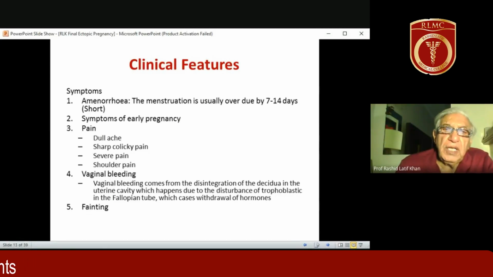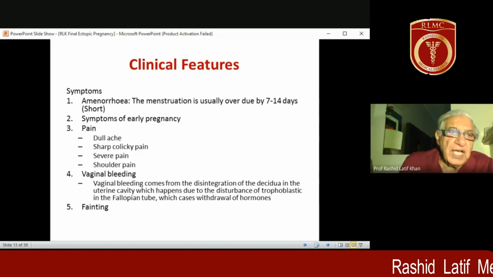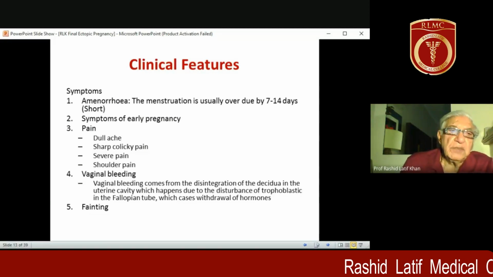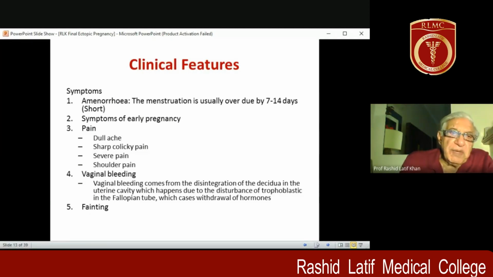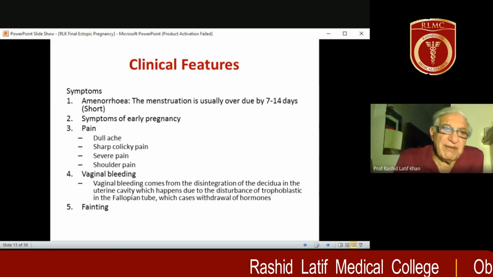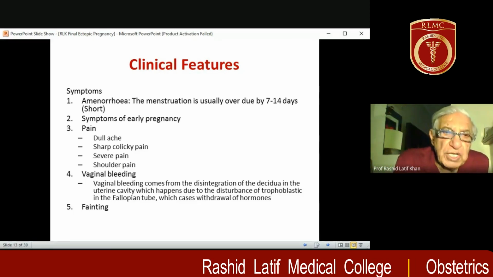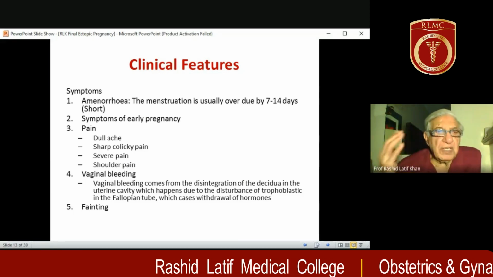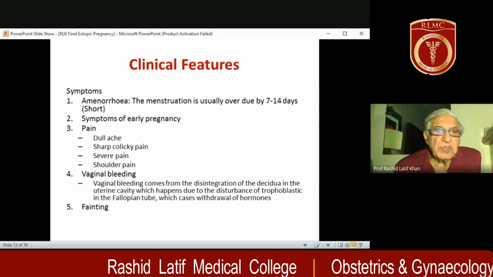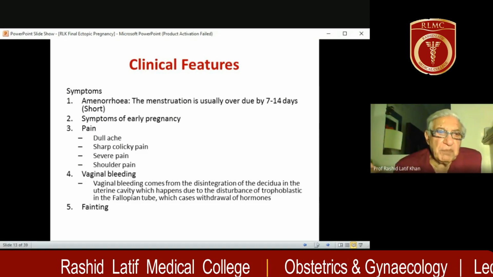Normally, the menses are only overdue by 1 or 2 weeks, 7 to 14 days. And because the pregnancy is there, doesn't matter whether in the tube or in the normal cavity, there are early symptoms of pregnancy, morning sickness and such, where the patient may complain.